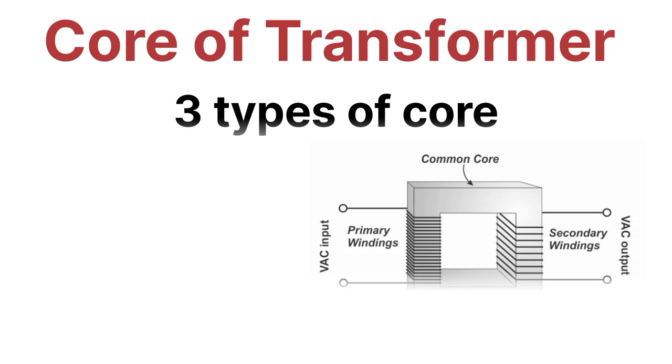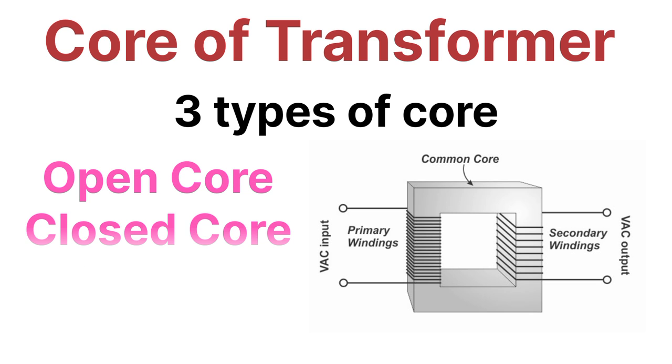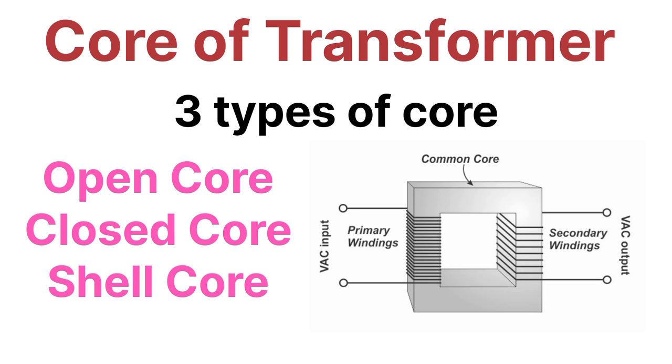So there are three types of cores available in the transformer. The first one is the open core, the second one is the closed core, and the third one is the shell type core. In detail we will talk about the types of core in a transformer in the next videos.